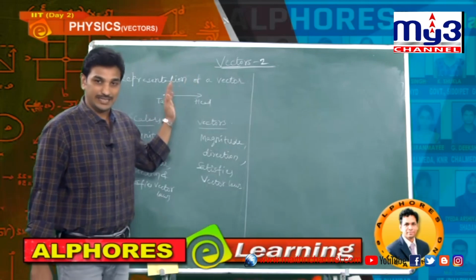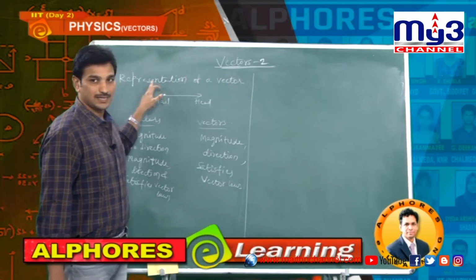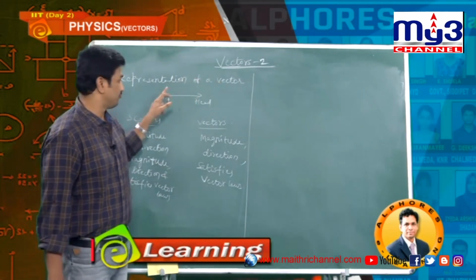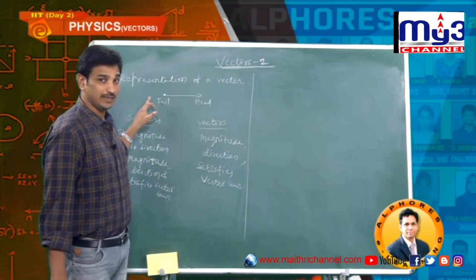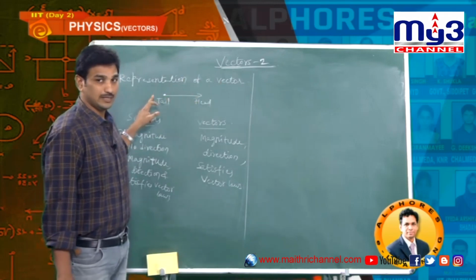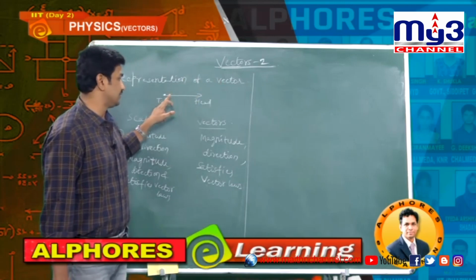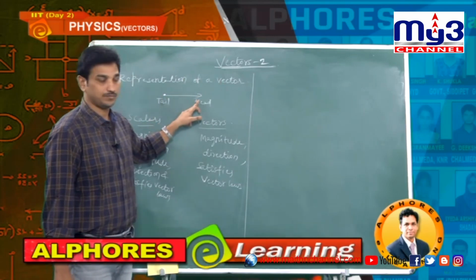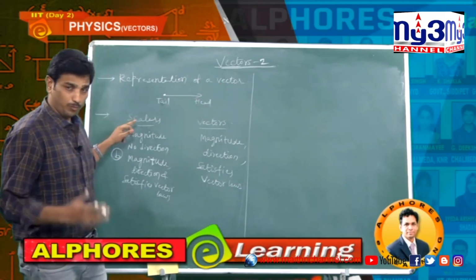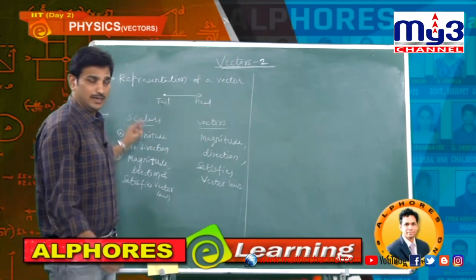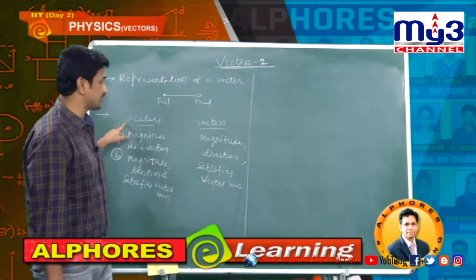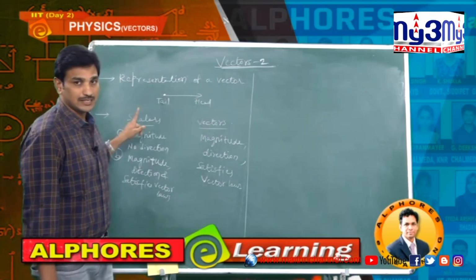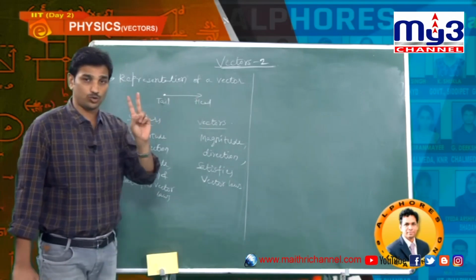Yesterday we discussed representation of vector. In this way we will represent a vector, having tail and head. One more point we discussed yesterday: scalars and vectors. Scalars are of two categories.